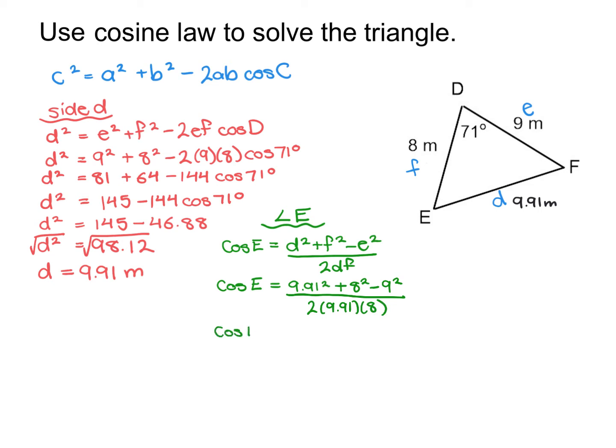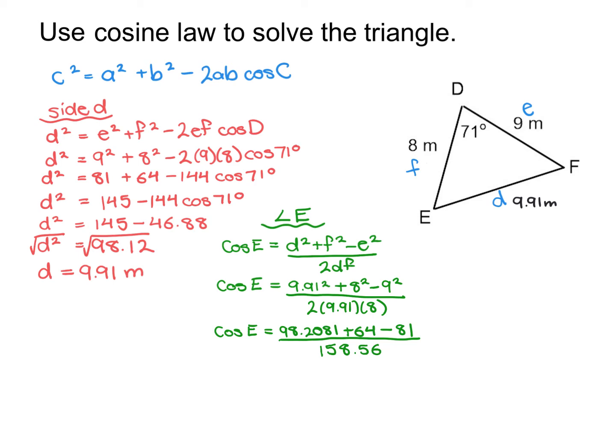Okay, so leave the cos of E as it is, and now let's find the square of 9.91, which comes to about 98.2081, plus 8 squared, which happens to be 64, minus 9 squared, which is 81. Now let's multiply all the bottom numbers together, and when you do that, you should get about 158.56.